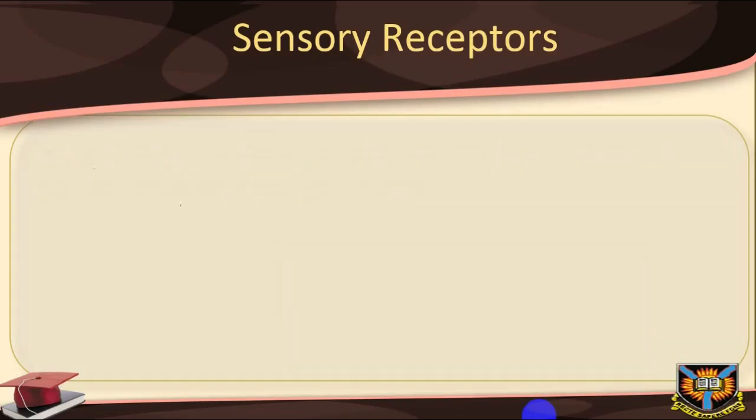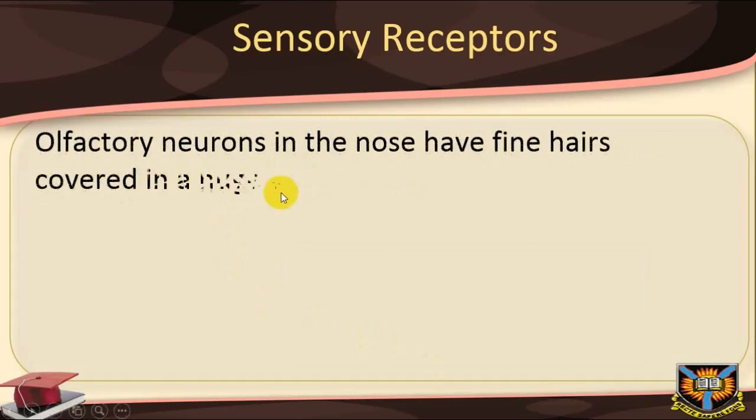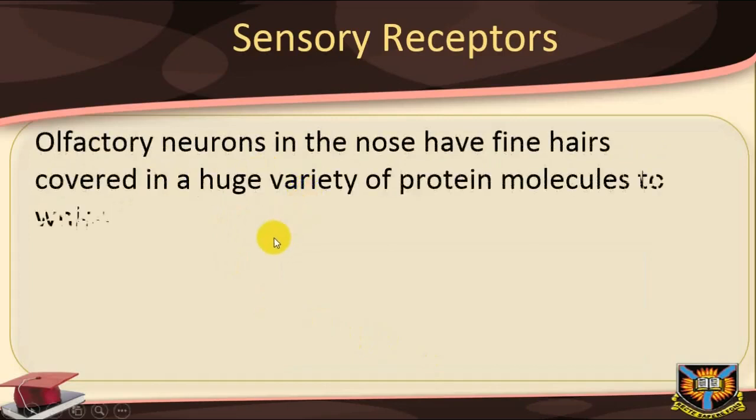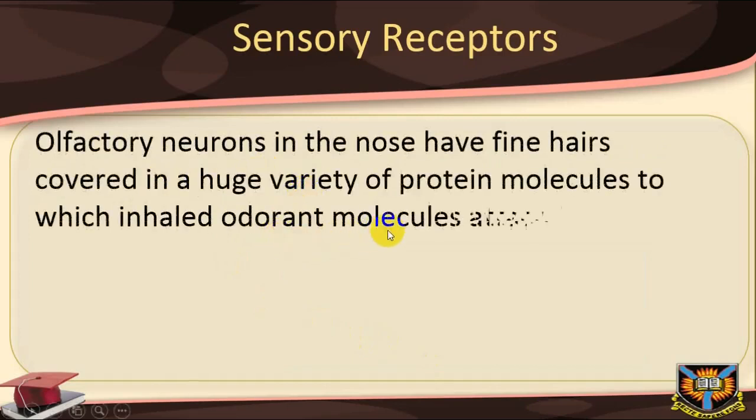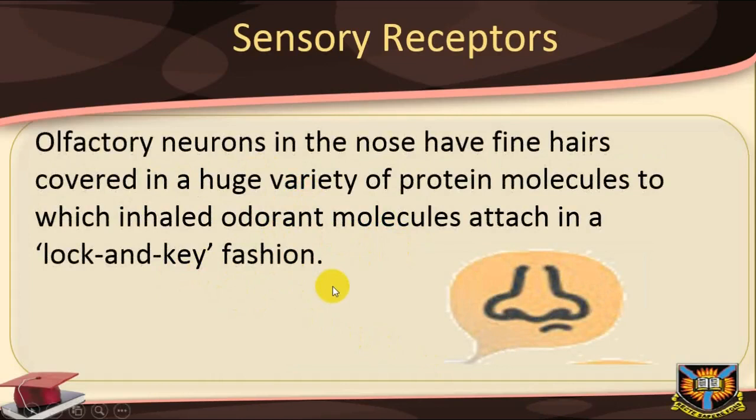Olfactory neurons in the nose have fine hairs covered in a huge variety of protein molecules to which inhaled odorant molecules attach in a lock and key fashion. Specialized proteins in the membranes of hair cells in the cochlea and the vestibular apparatus of the inner ear are sensitive to the mechanical forces caused by sound and movements of the head, respectively.